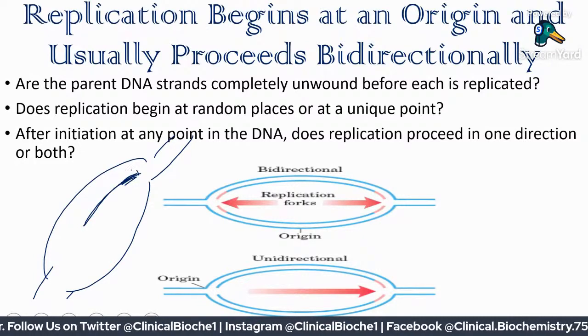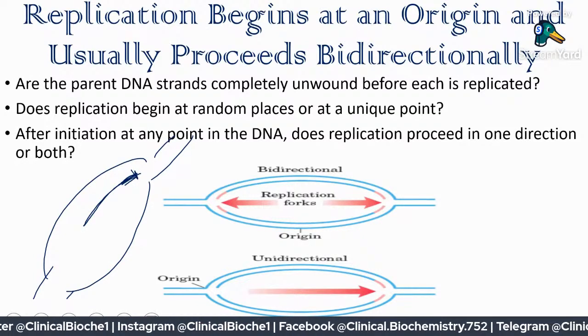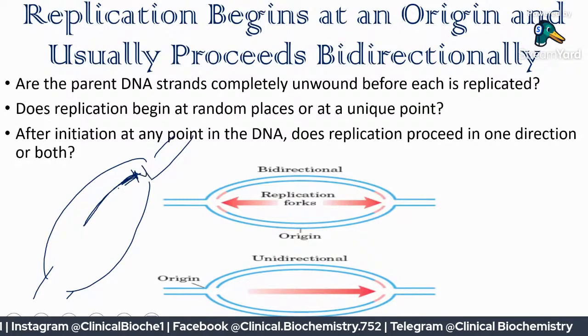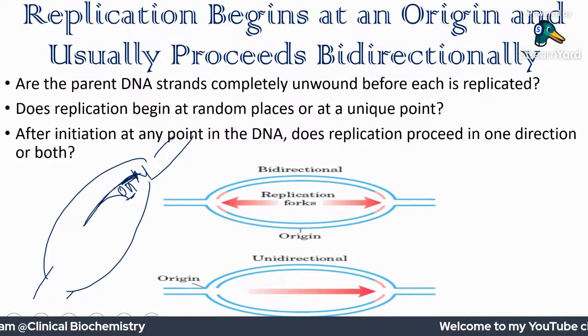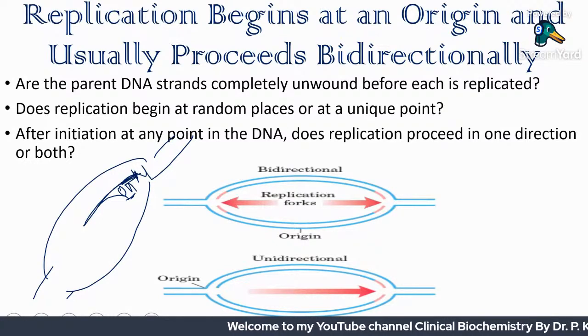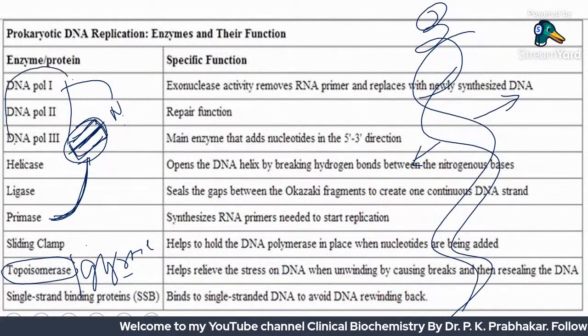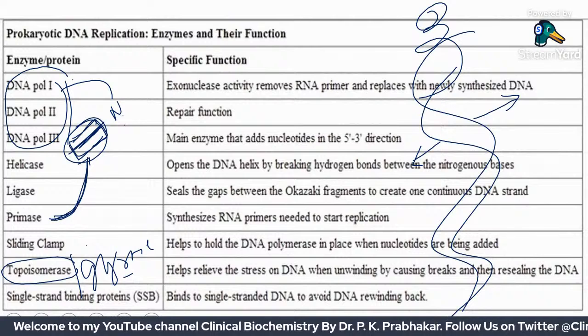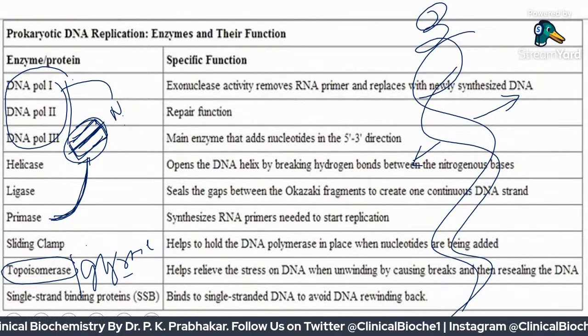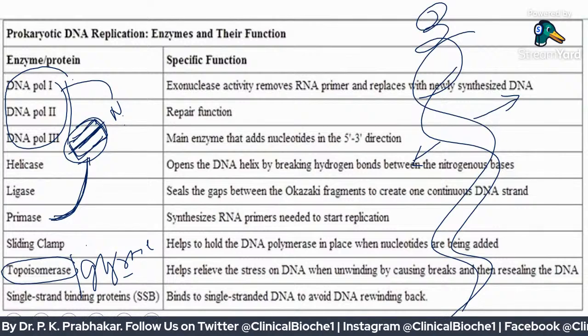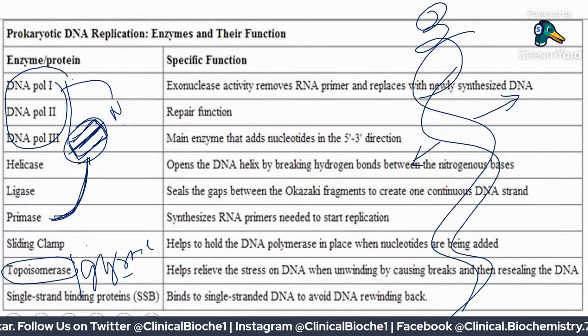If the first nucleotide is added, then that nucleotide will have a 3' OH, and on this 3' OH DNA polymerase can add nucleotides. The first nucleotide needs to be there, or some DNA portion or some RNA portion should be there. So DNA polymerase can never start DNA replication from zero. It needs a fragment of nucleotides or an oligonucleotide, so that it can add a fresh nucleotide.